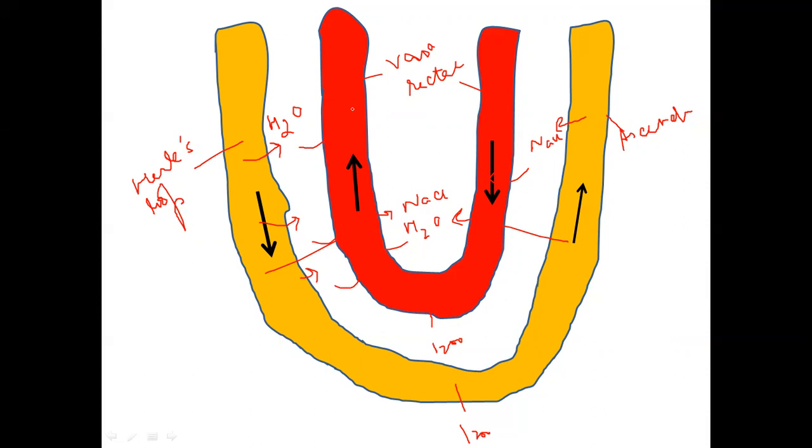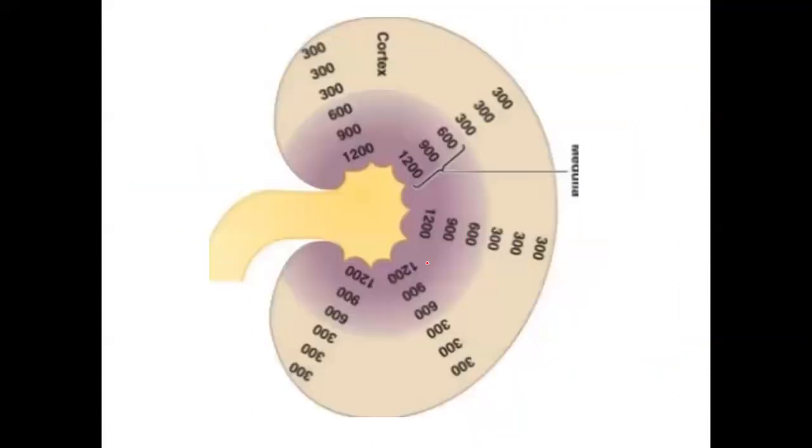So whole water is reabsorbed. The only thing recirculated here is NaCl. And what is the purpose of this? Just now I have told you, so that more solute concentration can be there. This is the purpose of circulating this NaCl there.